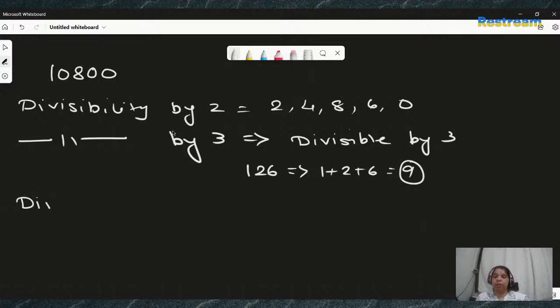Next one is divisibility by 4. It states that if the last two digits of any number are divisible by 4, your number is divisible by 4. So let's say I have 284.